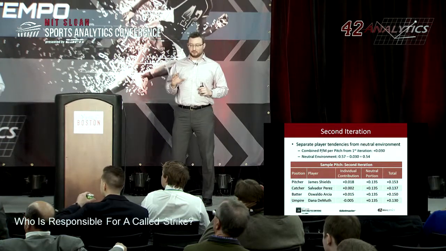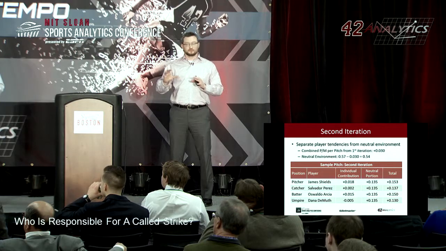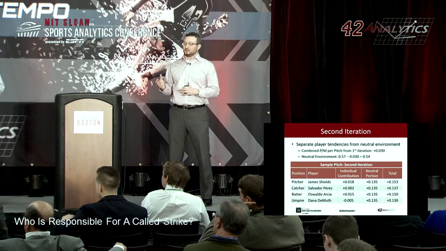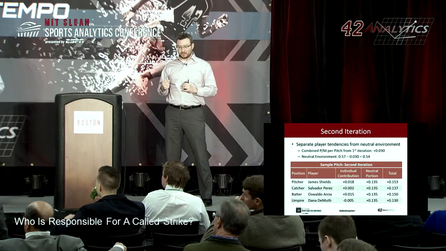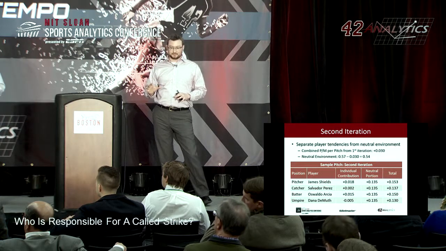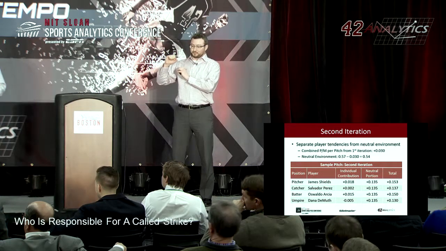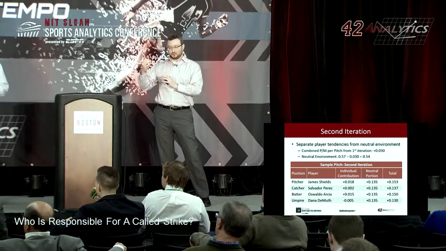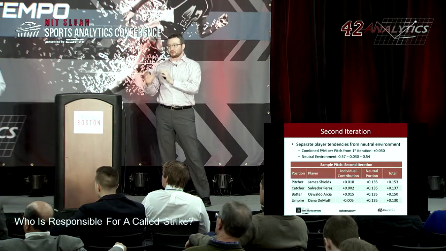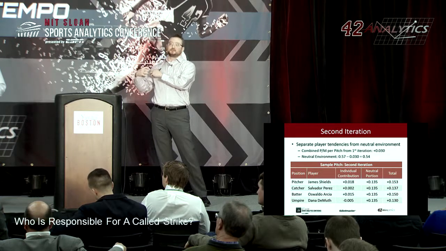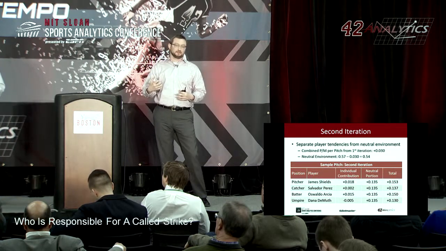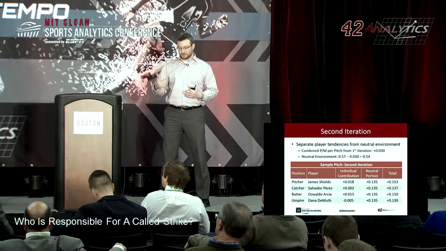what we need to do here is take the individual contribution of each of those players based on that tendency and take that out of the overall plus-minus of the pitch, and then separate that from what can be attributed to the neutral environment that the pitch was thrown in.